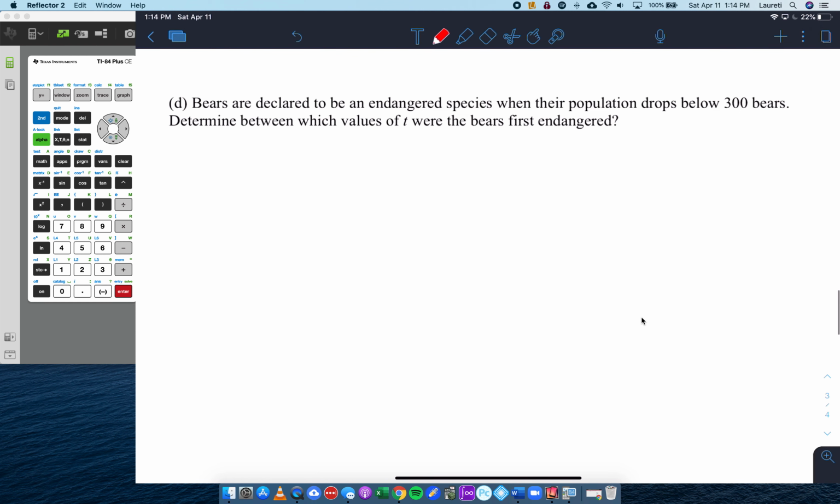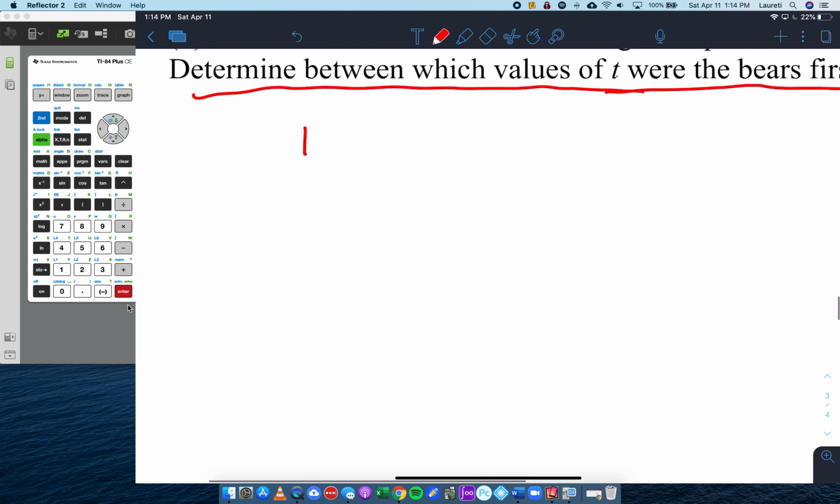The last question says bears are declared to be an endangered species when their population drops below 300 bears. Determine between which values of t the bears were first endangered. So we're looking for when it drops below 300.